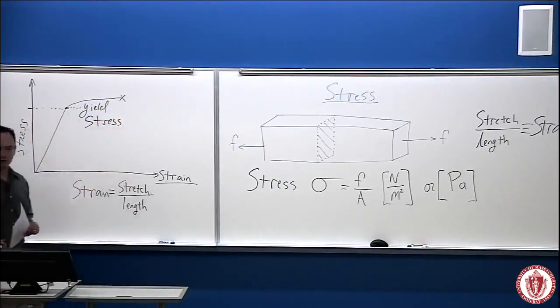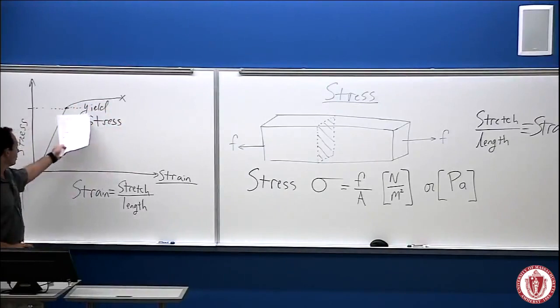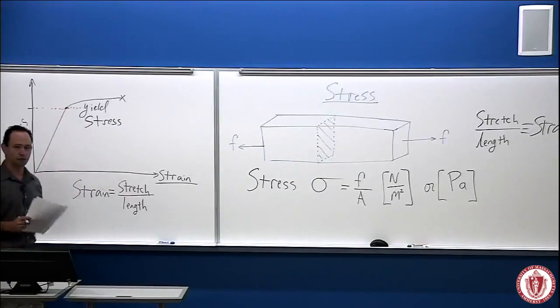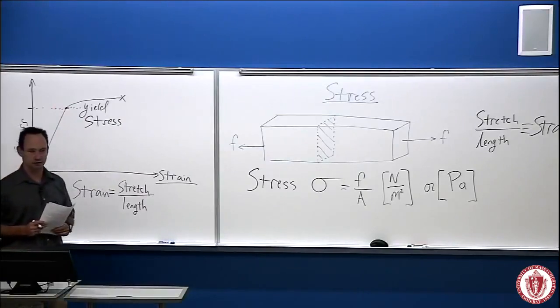And with this yield stress, things change fundamentally. You no longer have this linear behavior, and you're plastically deforming your solid, which means it's not going to snap back the way it was ever.